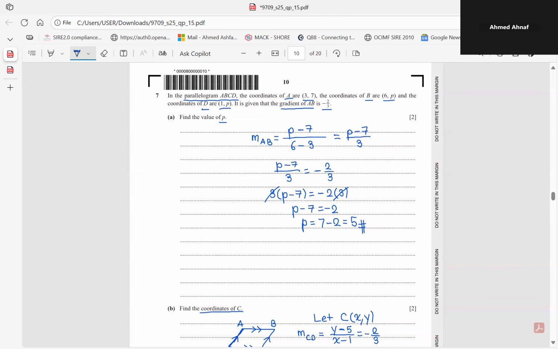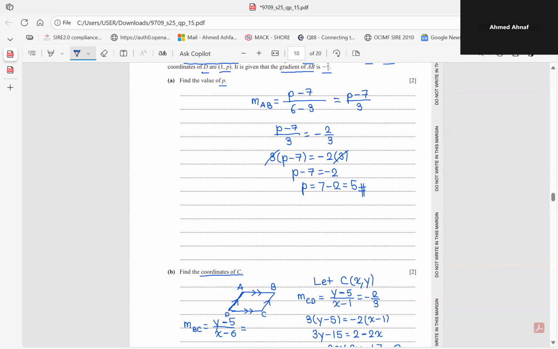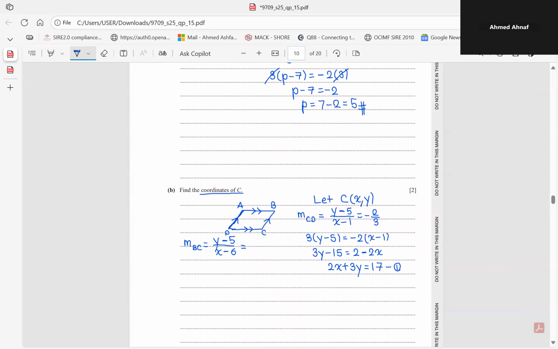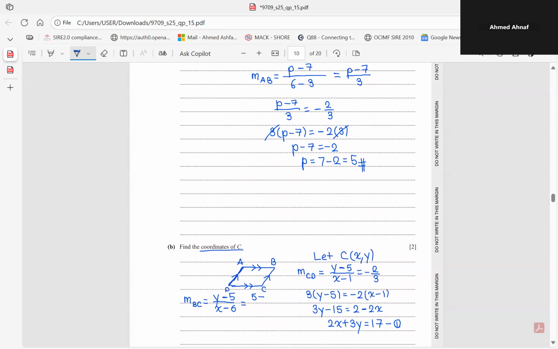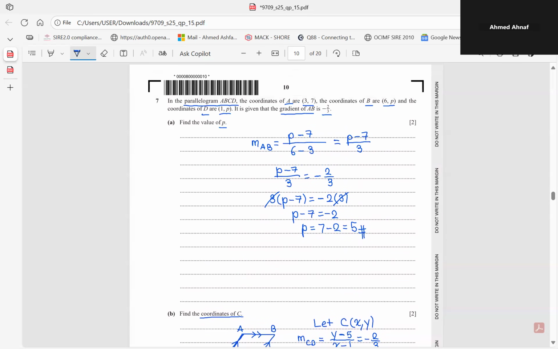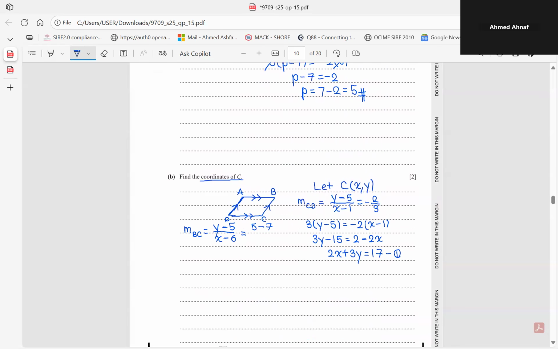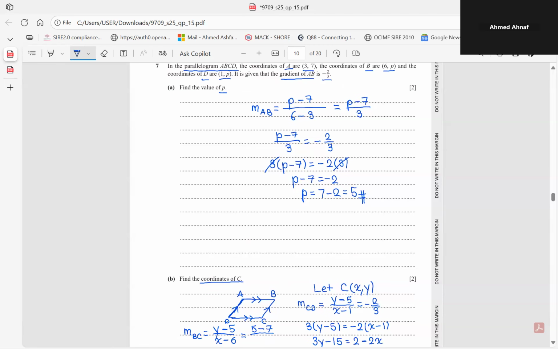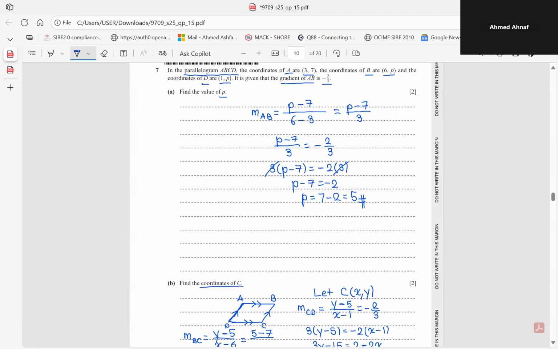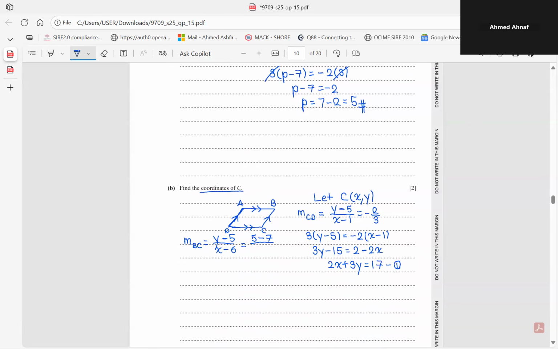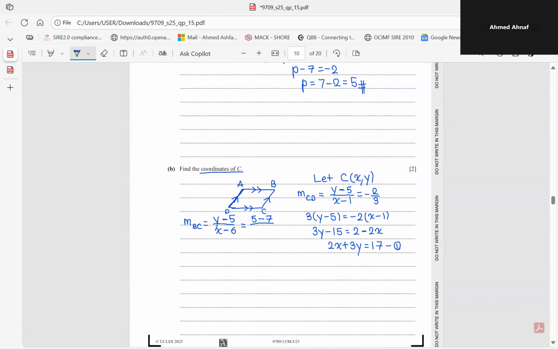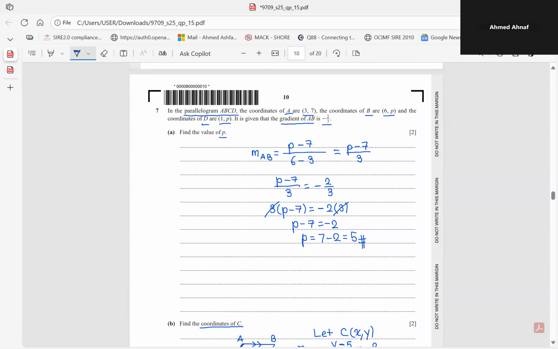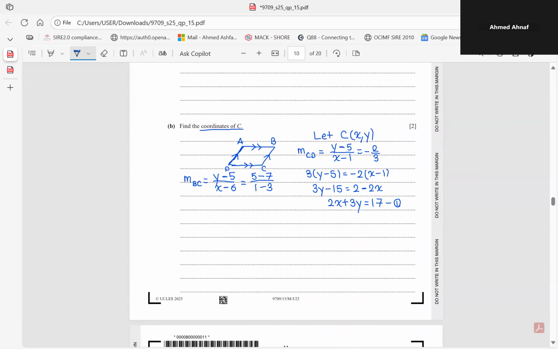The gradient of AD is the y coordinate of D, which is P, minus the y coordinate of A, which is 7, over the x coordinate of D, which is 1, minus the x coordinate of A, which is 3.